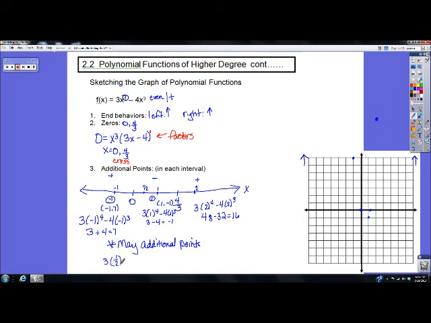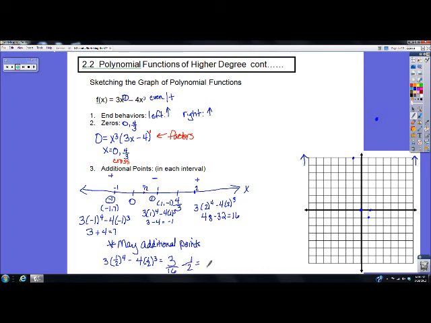3 times 1/2 to the 4th power minus 4 times 1/2 to the 3rd power. And that would be 3 times 1/2 to the 4th power. 1/2 to the 4th power times 3 will be, oops, I wrote that kind of big, 3/16 minus 1/2 to the 3rd, that's 1/8 times 4 is 1/2.